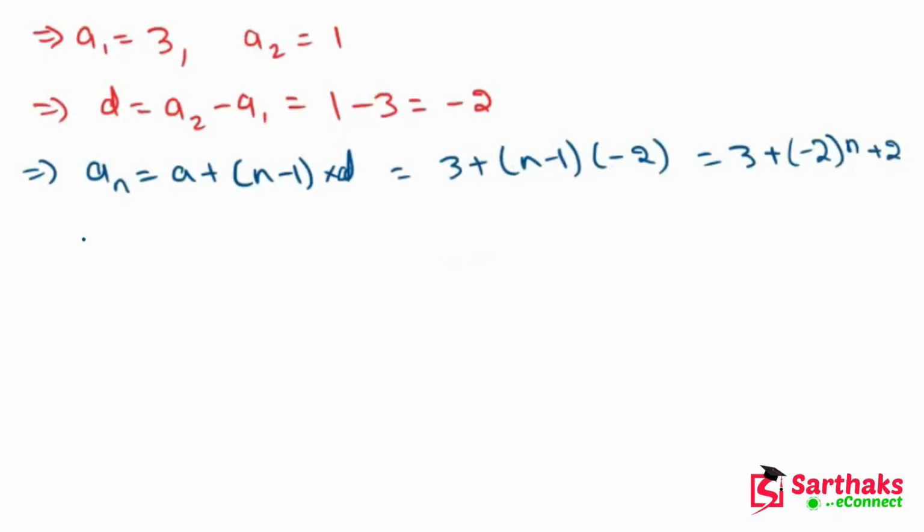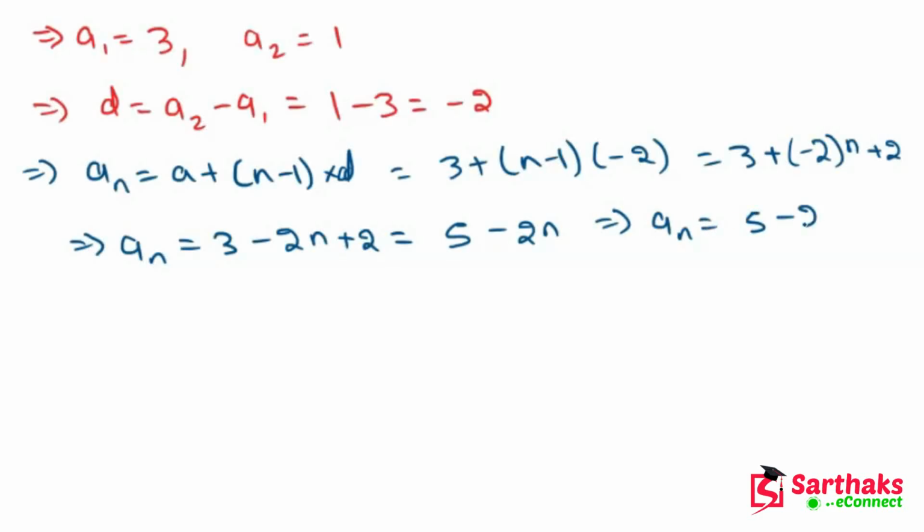So An is equal to 3 minus 2n plus 2, which is 5 minus 2n. I hope you get this point. So we have the nth term, which is 5 minus 2n.